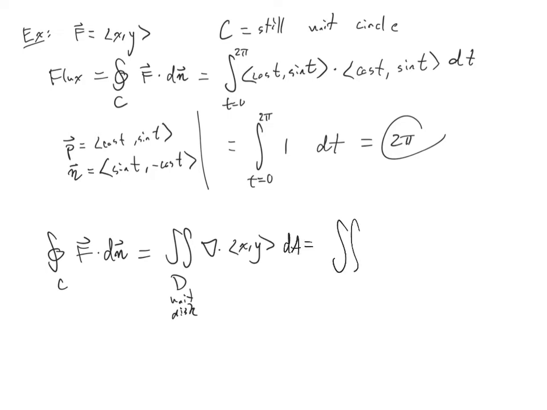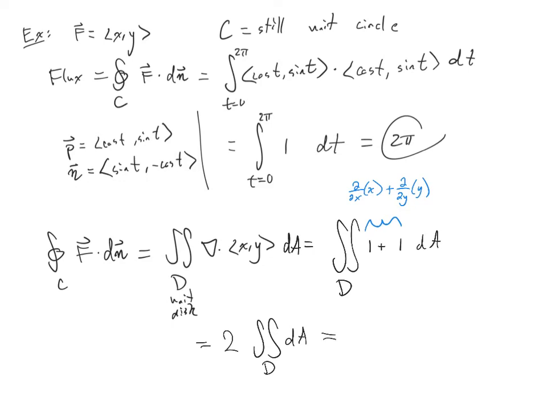This looks like the double integral over the disk of 1 plus 1 dA. And to be clear, that is d dx of x plus d dy of y. Which means it's just 2 times the area of the unit disk. The area of the unit disk is pi 1 squared, which is also 2 pi.